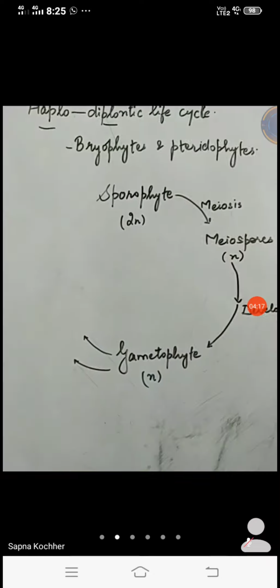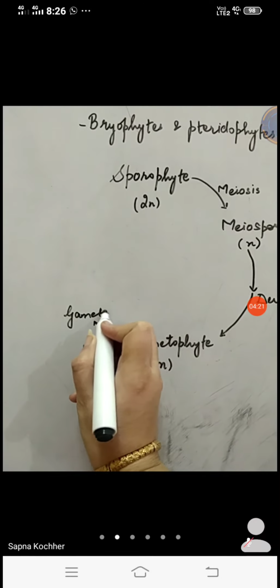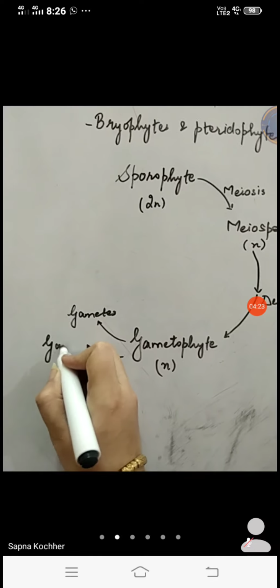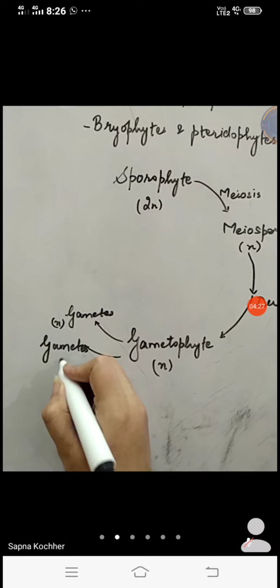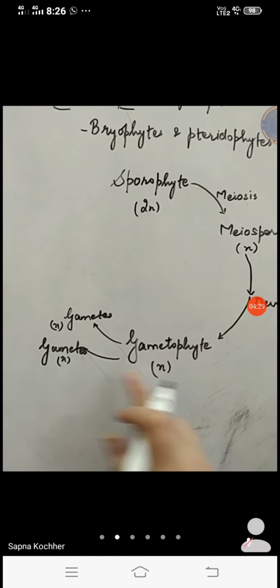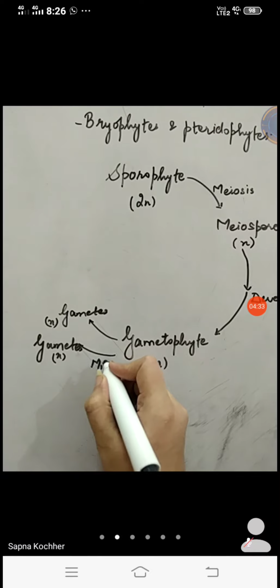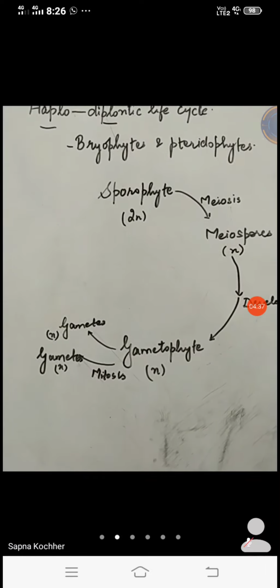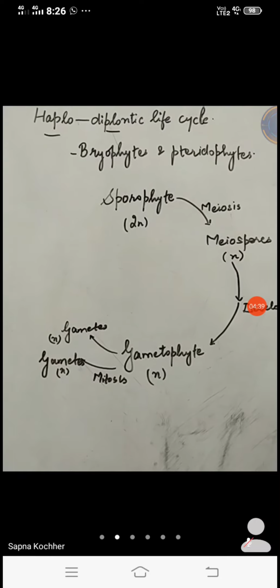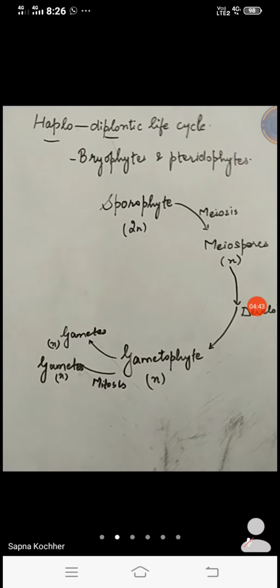Now the gametes from different origins will be fused together, because we know that all the gametes universally are haploid. So from the haploid structure, the gametes are produced by which division? That is mitosis. It is an equational division.